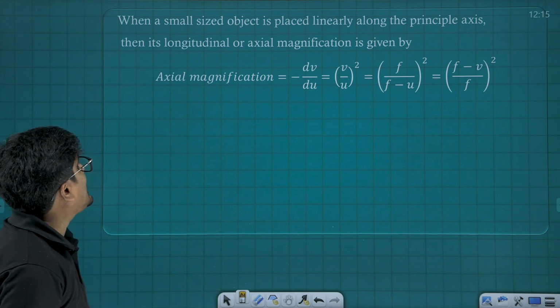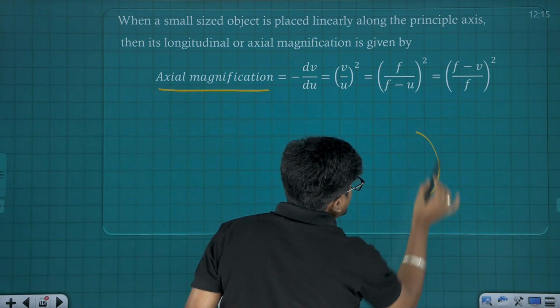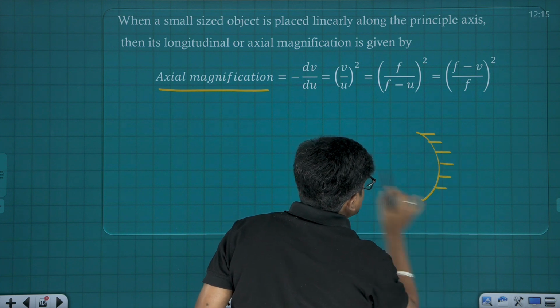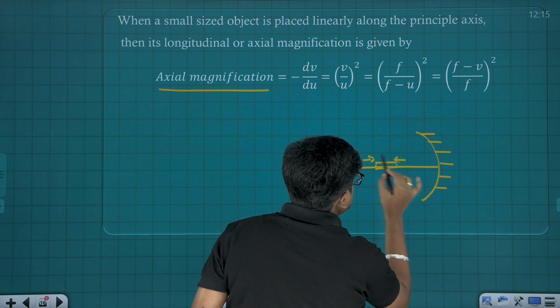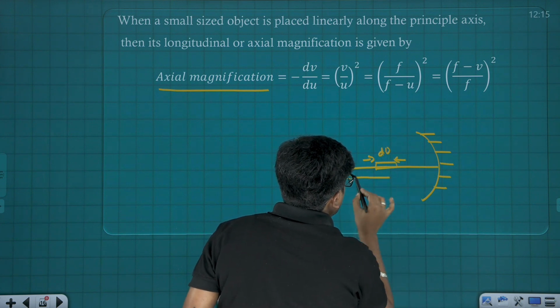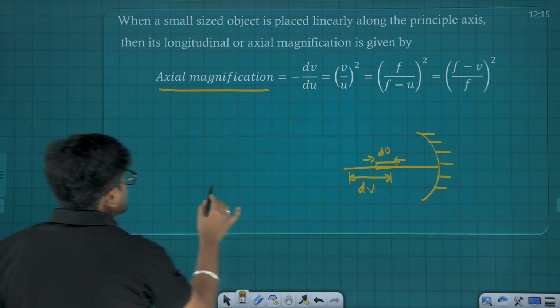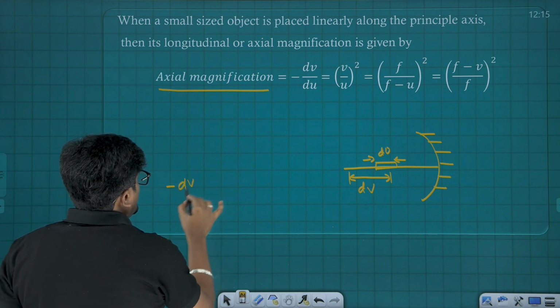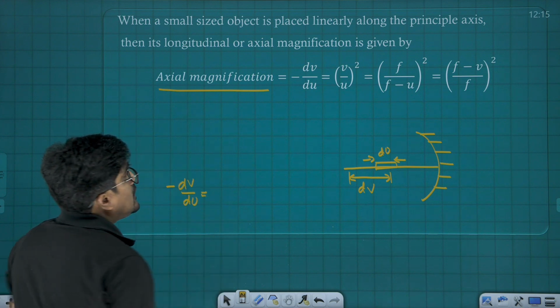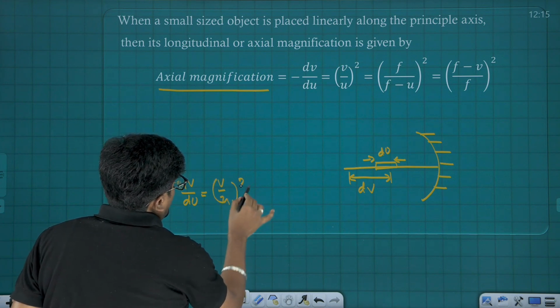Moving to the next, that is axial magnification. Axial magnification means if you have a spherical mirror like this and an object is kept in this way, and let the length of the object be say du, and the length of the image formed here be dv. In that case the relation is minus of dv by du, that is again v upon u the whole square.